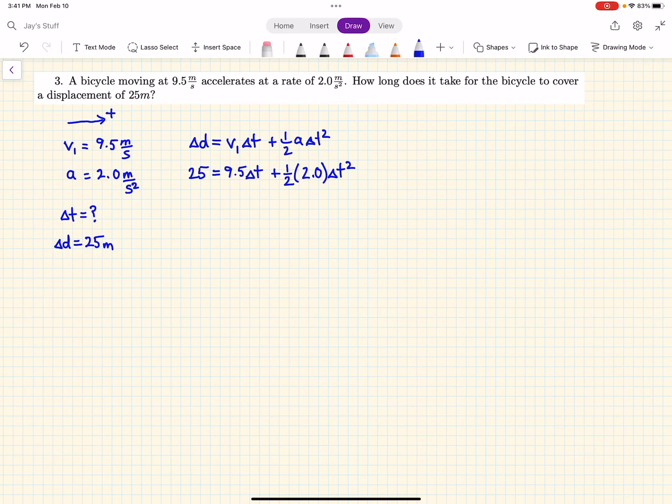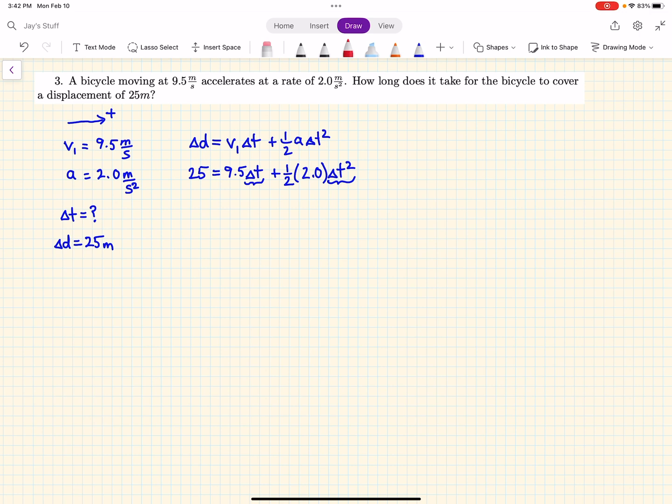Okay, so now delta t is the only variable that we don't know, but we've got a delta t squared over here, and just the delta t over here. So we're not going to be able to combine those into one to isolate delta t. So how can we go about solving this? Well, this is actually just a quadratic equation.